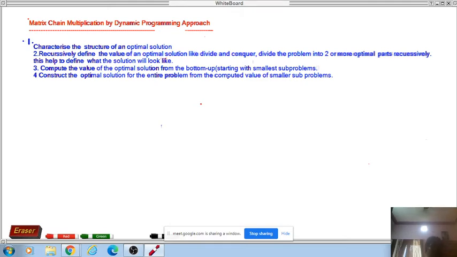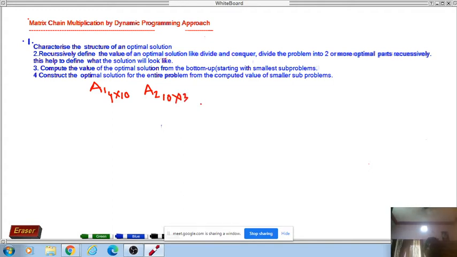So let us take the example. Let there be a matrix A1 whose order is 4 into 10. The order will be given to you. Next, A2 is another matrix of order 10 cross 3.